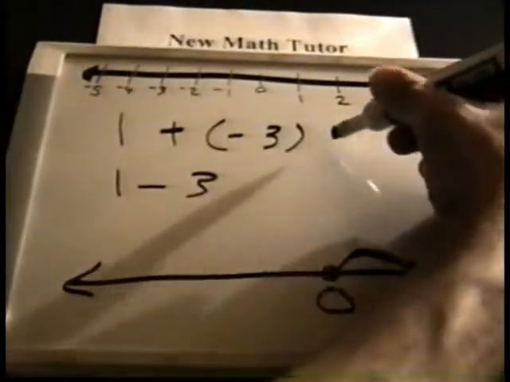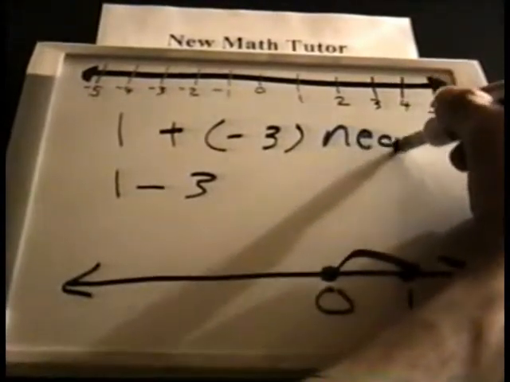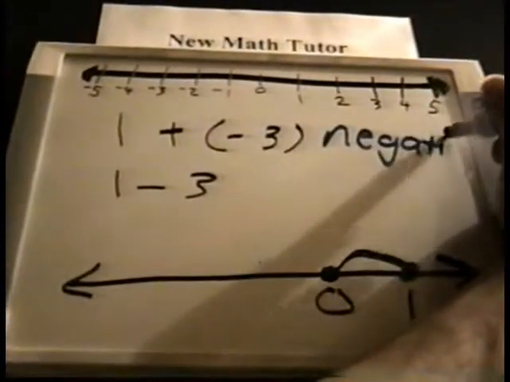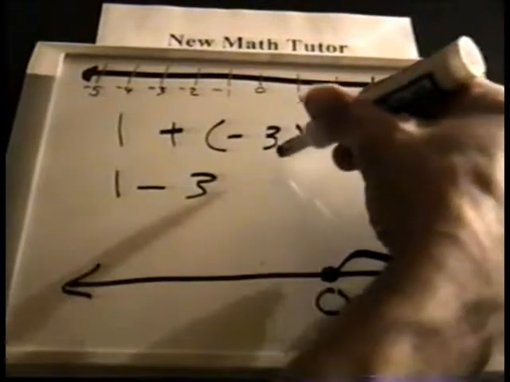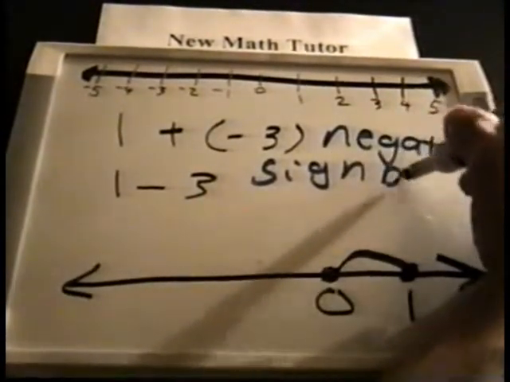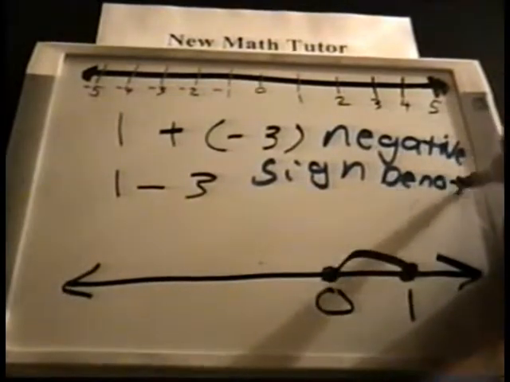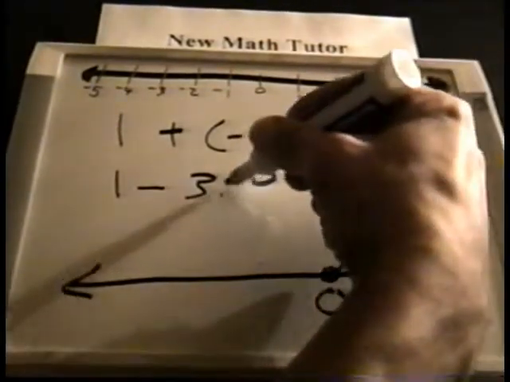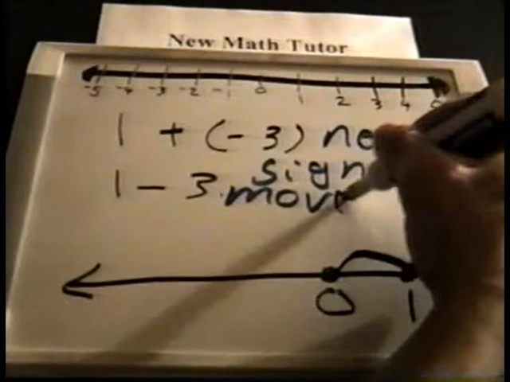Or we go back 3 times, meaning the negative sign denotes movement to the left.